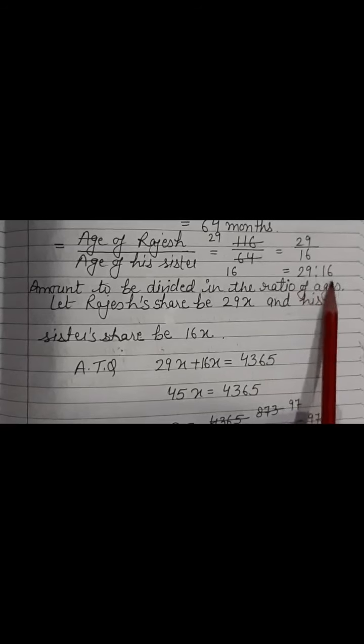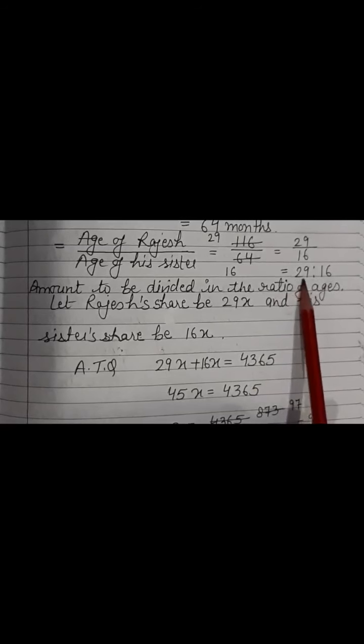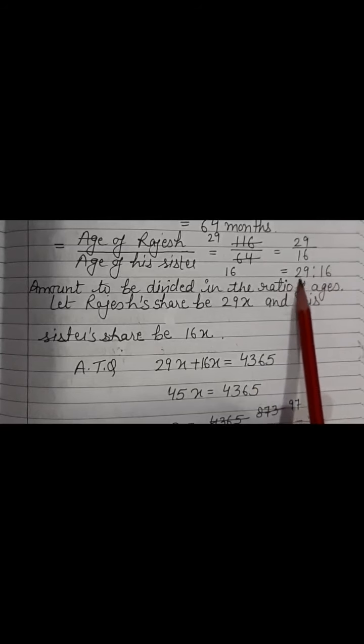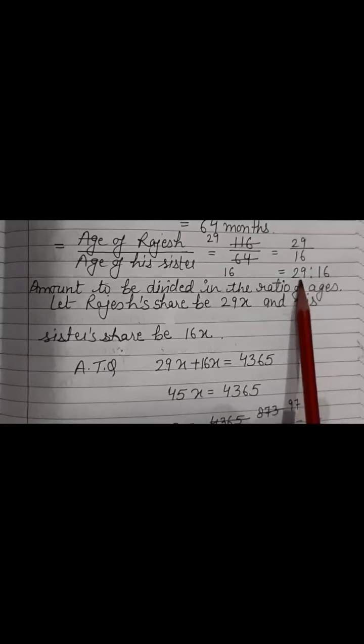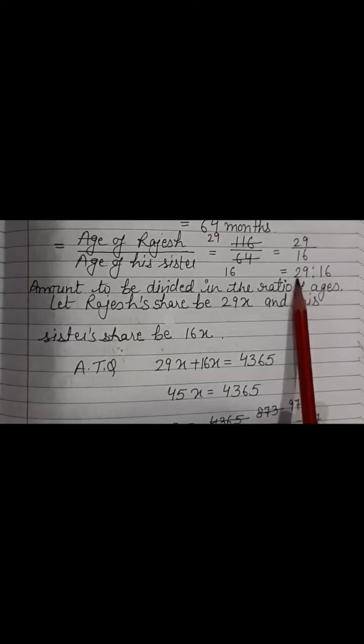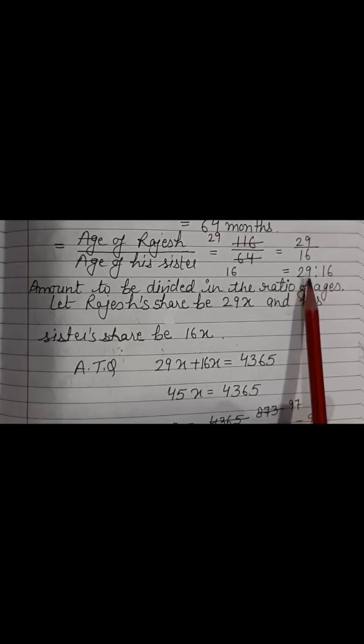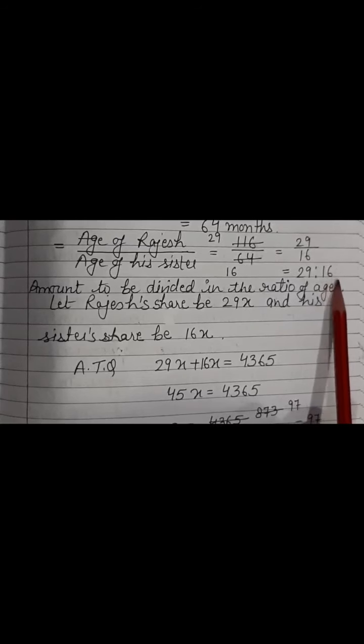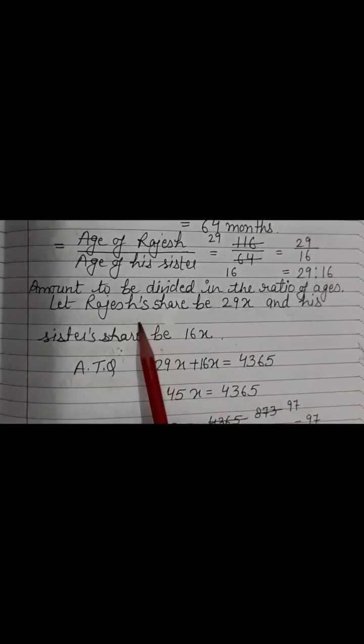If the ratio of their ages is 29 is to 16, so the amount will be divided according to their ages only. So the share of Rajesh will be 29x and the share of his sister will be 16x. That we have to let. Clear? Let Rajesh's share be 29x and his sister's share be 16x.